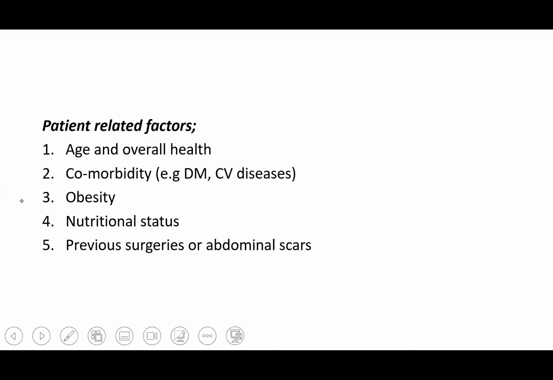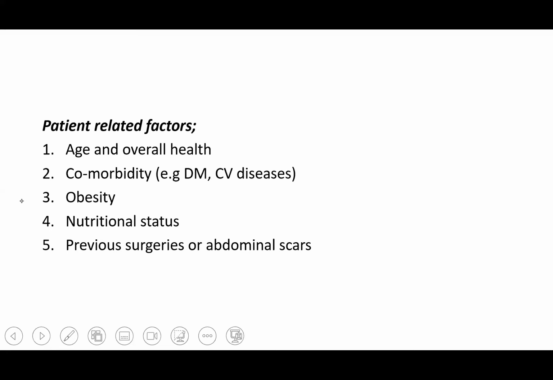So patient-related factors like age and overall health status of the patient. You know, debilitated patients will have poor outcome as compared to a patient with a better performance status. Patients with comorbidities have poorer outcome than those without comorbidities. Then obesity. In obesity, there is distortion of anatomical planes.